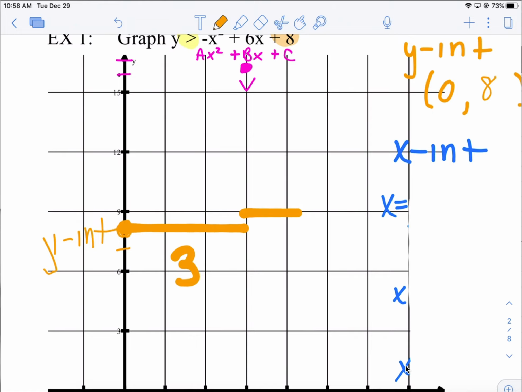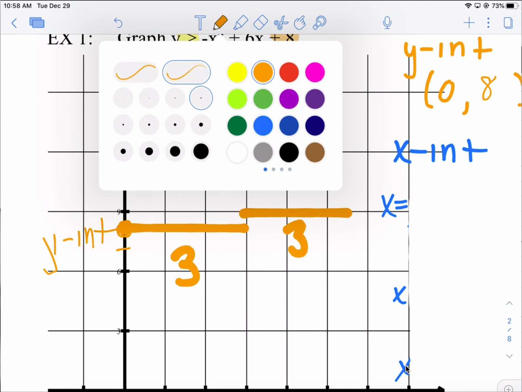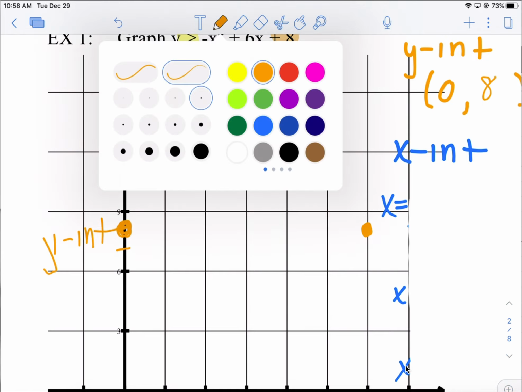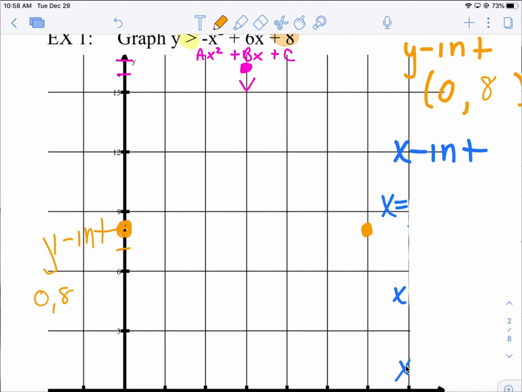So if I go 3 on the other side, I should be able to find another y-intercept. And in this case, it would be at 6, 8. Okay, so I don't want you to write the 3's, but I do want you to put another dot. So you have one again at 0, 8, and one again over here at 6, 8.